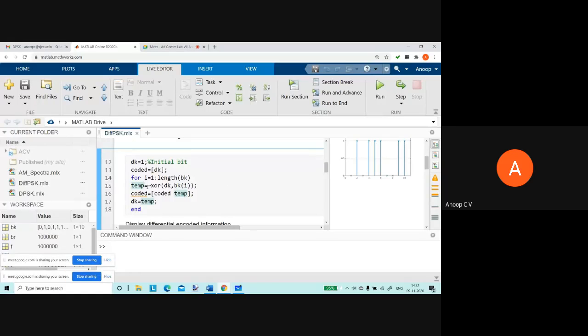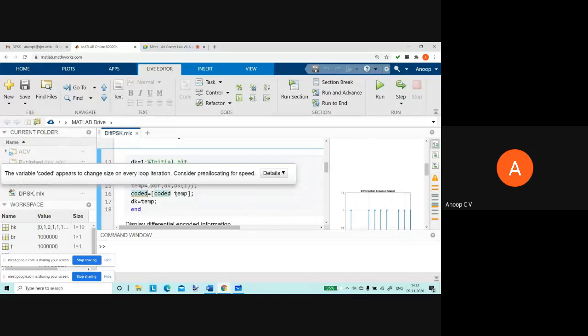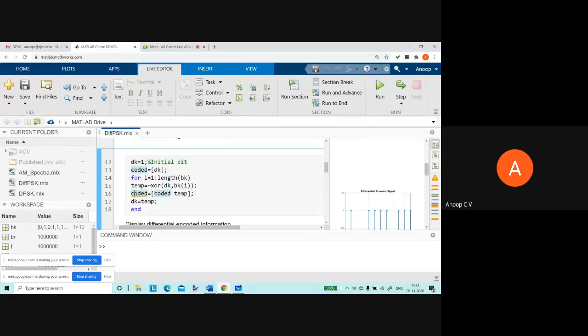This temp is the current bit XNOR the previous bit. Then you should append this new value to the coded bits: coded equals coded space temp.